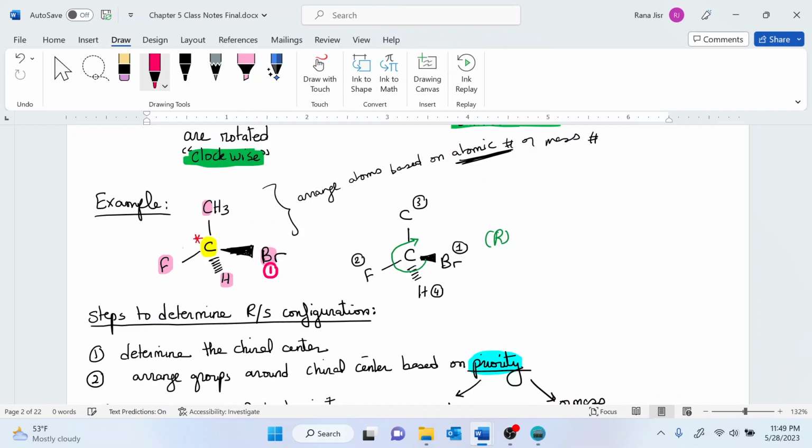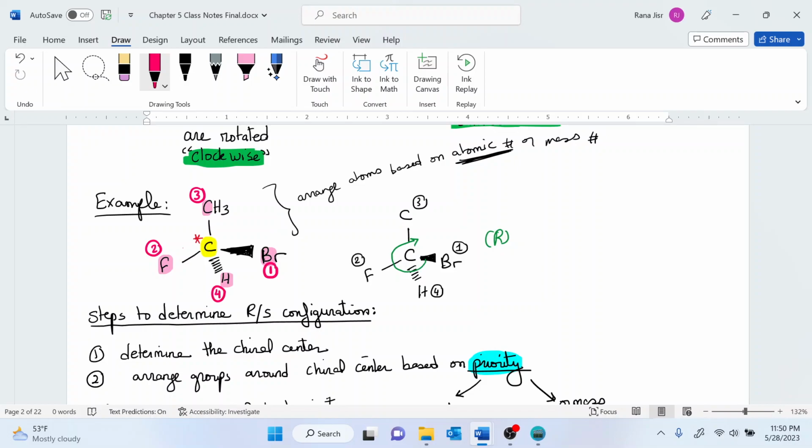So you arrange from the highest mass number to the lowest. Bromine has the highest mass number compared to fluorine and carbon. The second one is the fluorine. And then you have the carbon. This is the third. And then the hydrogen is going to be the fourth.